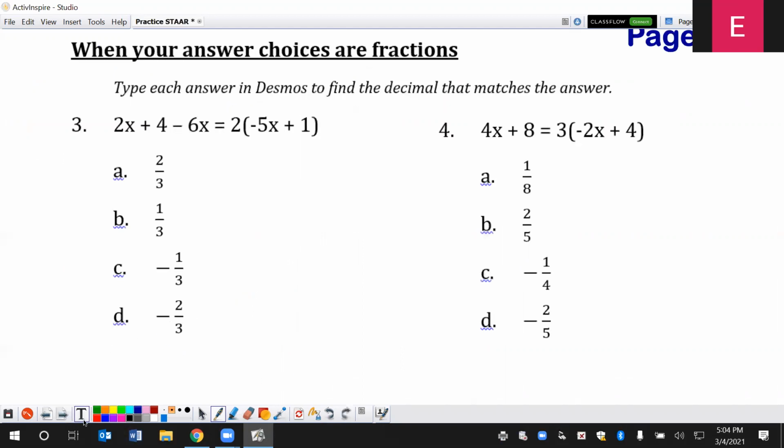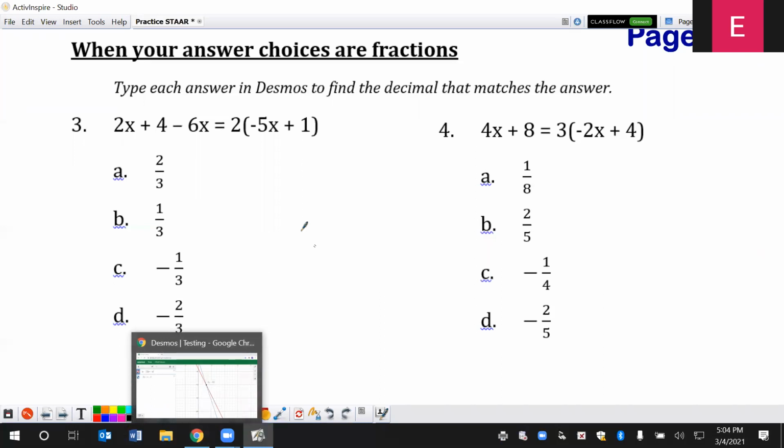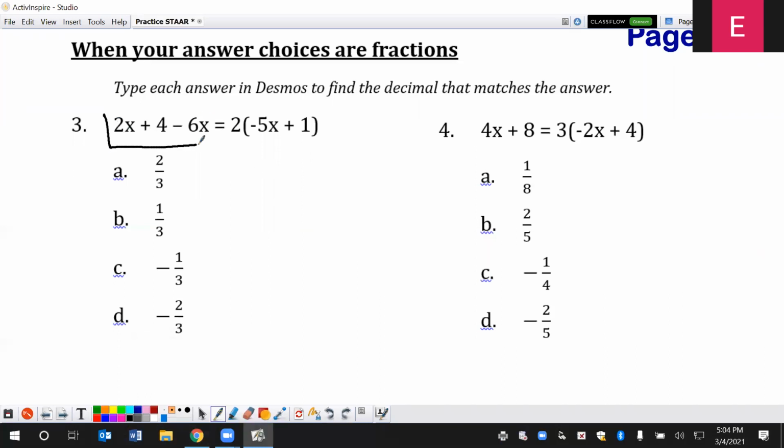Okay. One more just to show you how you would do it if your answer choices are decimals or fractions, because decimals only gives you the decimal answer, doesn't give you the fraction. So same thing though, you're going to type the left side first. So 2x plus 4 minus 6x.